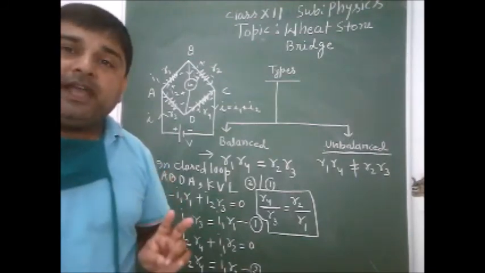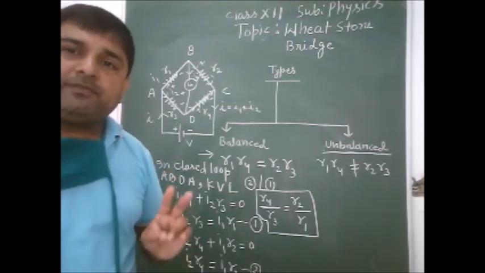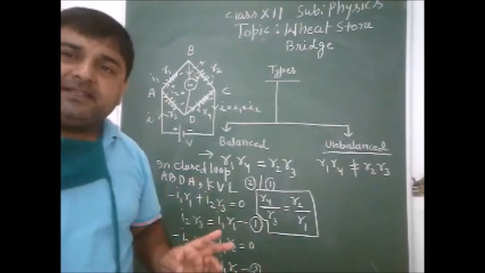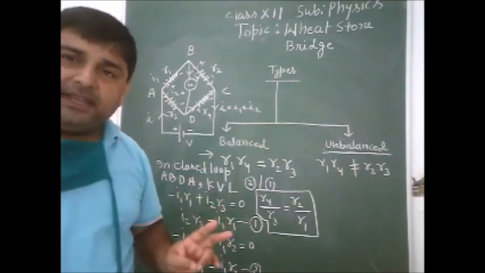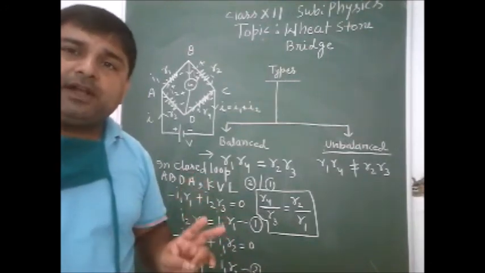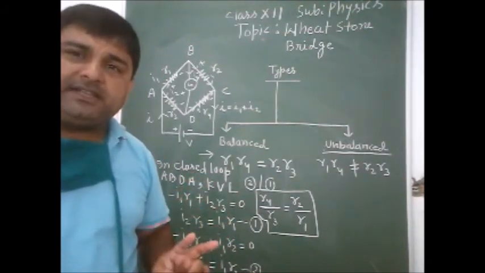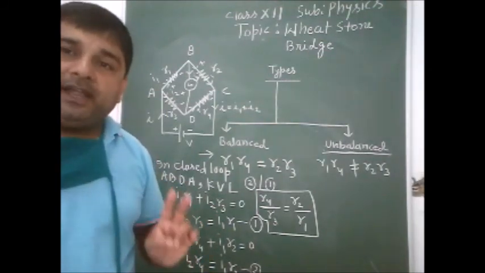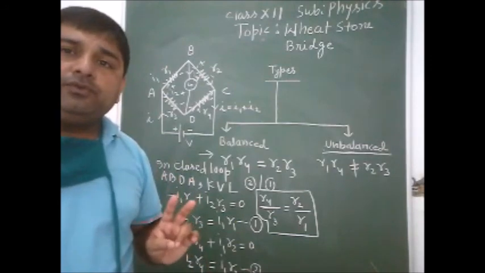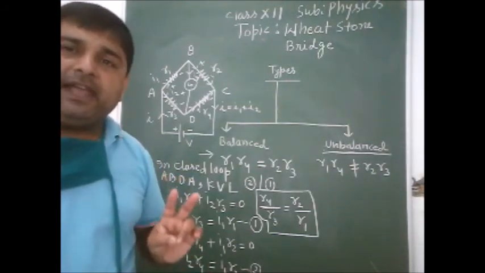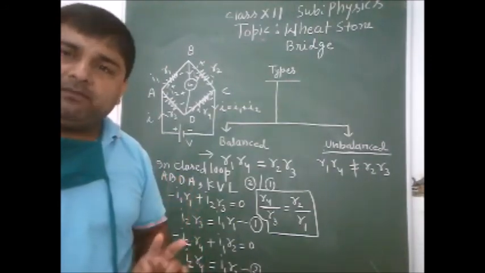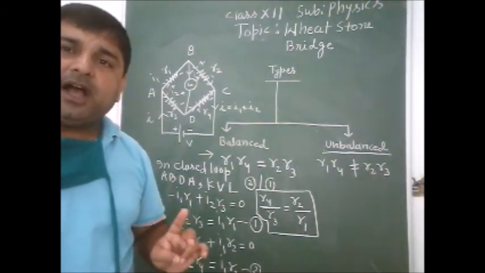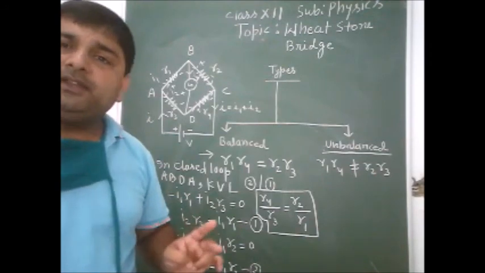We have two types of Wheatstone bridge, balanced and unbalanced. Balancing condition is when the product of the resistances connected in the opposite arms must be equal. In that case, you do not have any current through the galvanometer, so potential difference across the galvanometer would be 0.